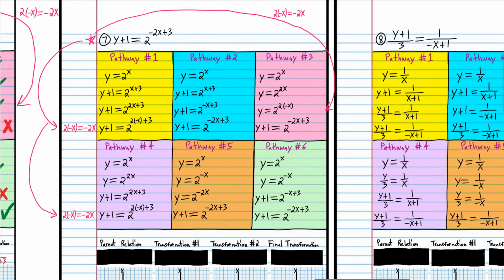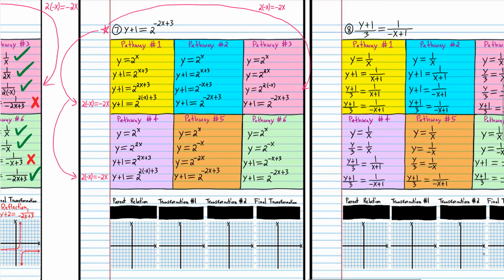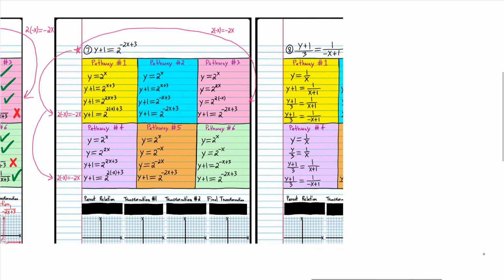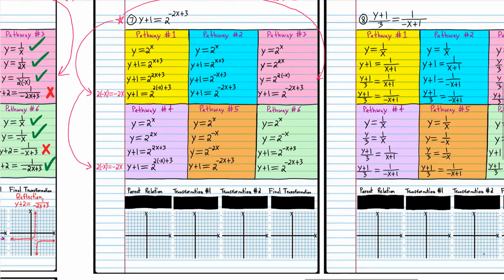Why don't you go ahead and try number 7, and be aware that when you write a negative on the x, 2 times negative x is the same thing as negative 2x, what you see in this expression up here. So just be aware of that. So go ahead and try number 7, and when you come back, we'll do it together.